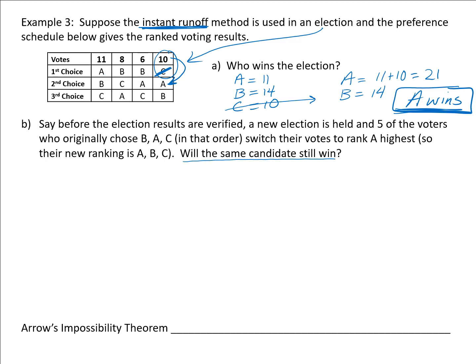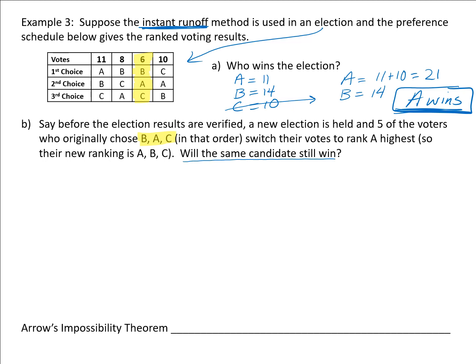Well, let me come back up to this preference schedule and let's think about how this preference schedule is going to change. These people that voted B, A, and C were in a particular location in the table. They were in this 3rd column. They were part of this group of 6.